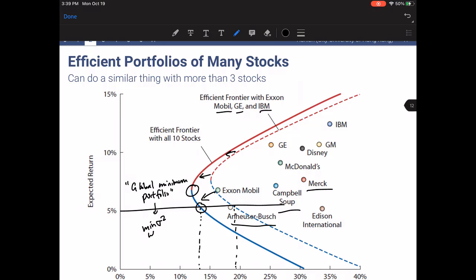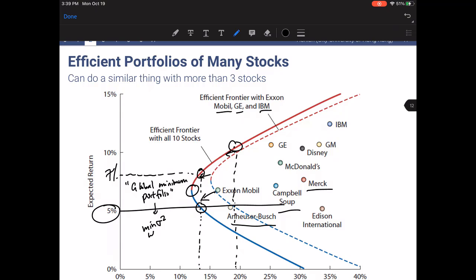And also something I want to mention before we move on is there may be some people confused about why you would ever demand 5% when you can get this return here for something closer to 10%. Let's call that maybe 7%. And I agree. So definitely any portfolio on the blue line is dominated by the red line, right? Same thing here. But this is just for demonstration purposes when we're comparing 2 frontiers, right?